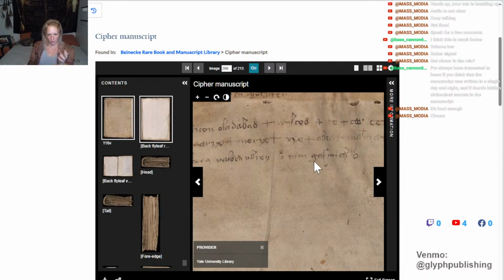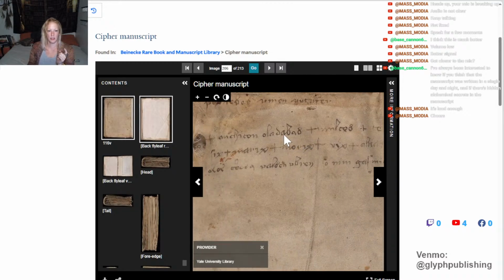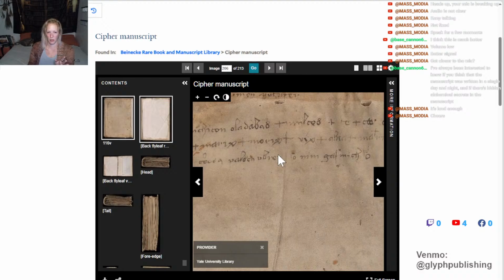But people have been spelling this as an A, this as an A, this as an A. But those are not A's. Okay? It's an E and an I, just written extremely fast.